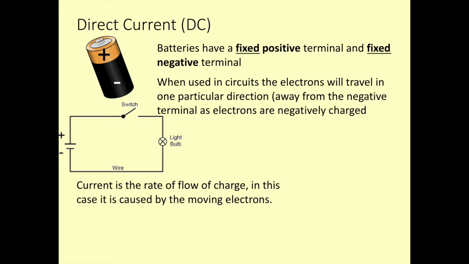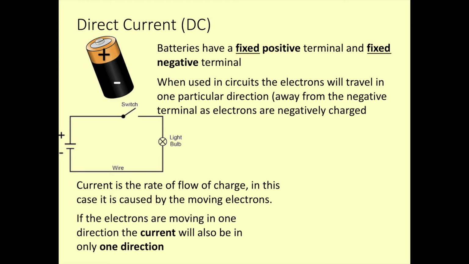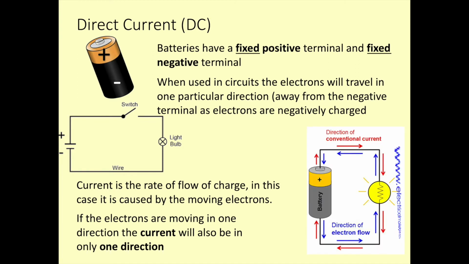So our current is the rate of flow of charge, and in this case our charge is electrons, so our current is looking at the rate of flow of those moving electrons. If our electrons are moving in one direction, then the current will also only be moving in one direction.